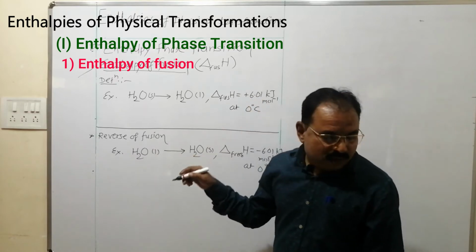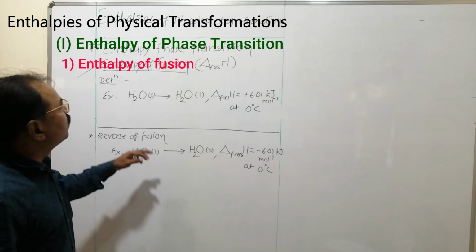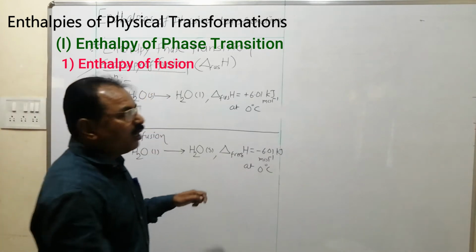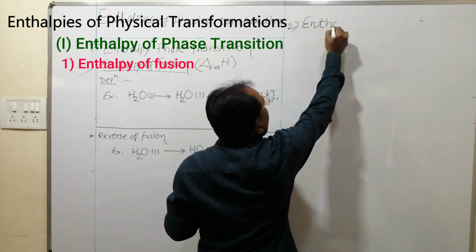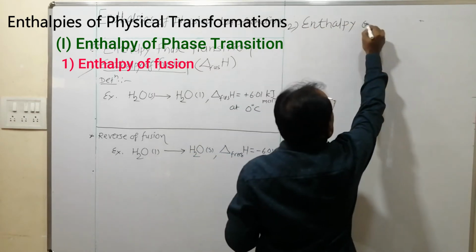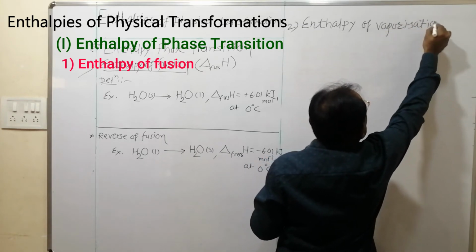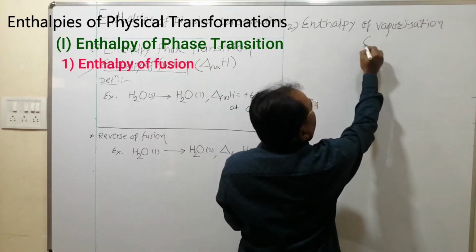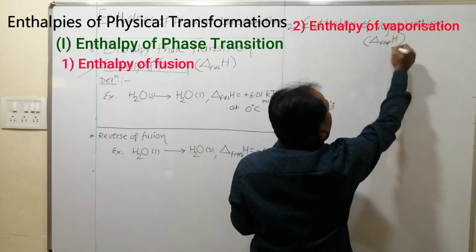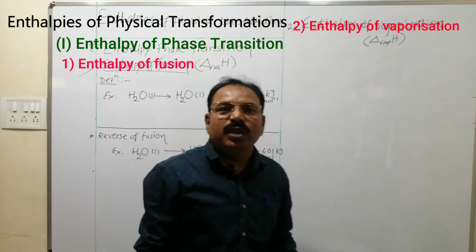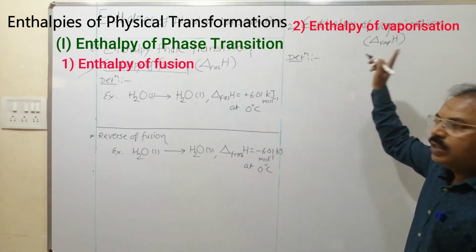Now we can see the second, enthalpy of vaporization. It is denoted by delta vap H, capital H. Firstly, definition of enthalpy of vaporization.